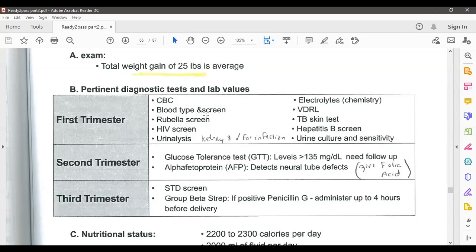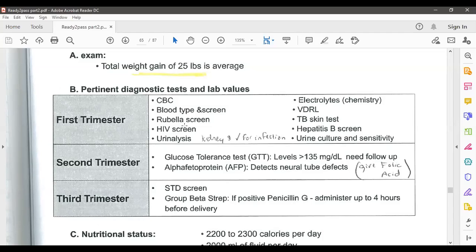So same as that, we have to exclude sexually transmitted diseases like HIV, right? Also, we have to find out any other problem, like whether the mother has any group B streptococcus infection, or we have to do a glucose tolerance test as well.